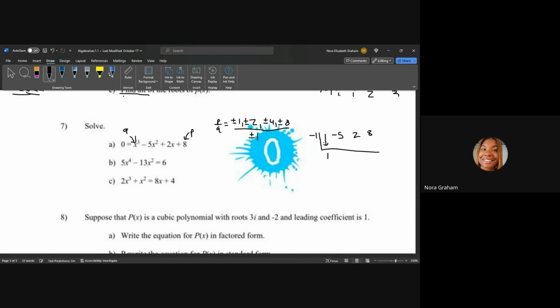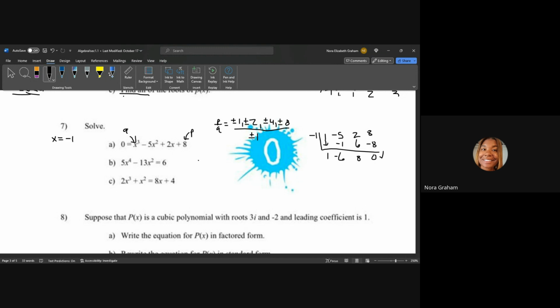That's 1. 1 times -1 is -1. -5 plus -1 is -6. -6 times -1 is just 6. 6 plus 2 is 8. 8 times -1 is -8. And as we see, that works out. I get a 0. If you try 1, you're not going to get a remainder of 0. Okay. So I know one of my roots is x equals -1. Okay, and that's for A.